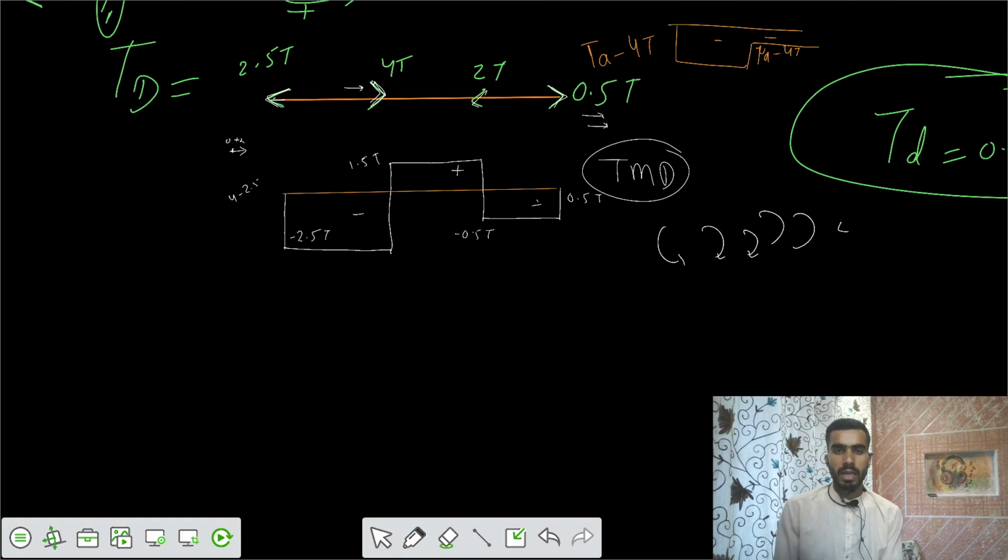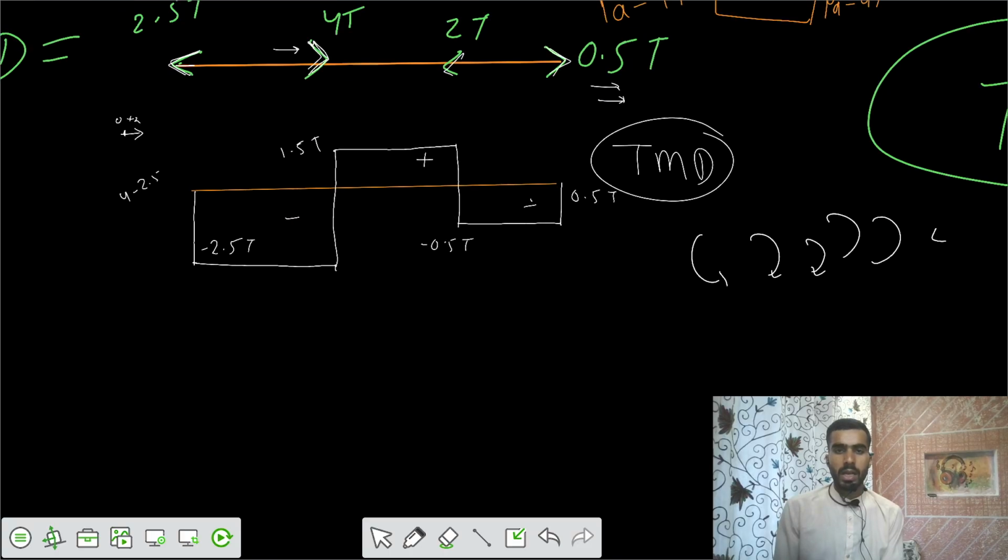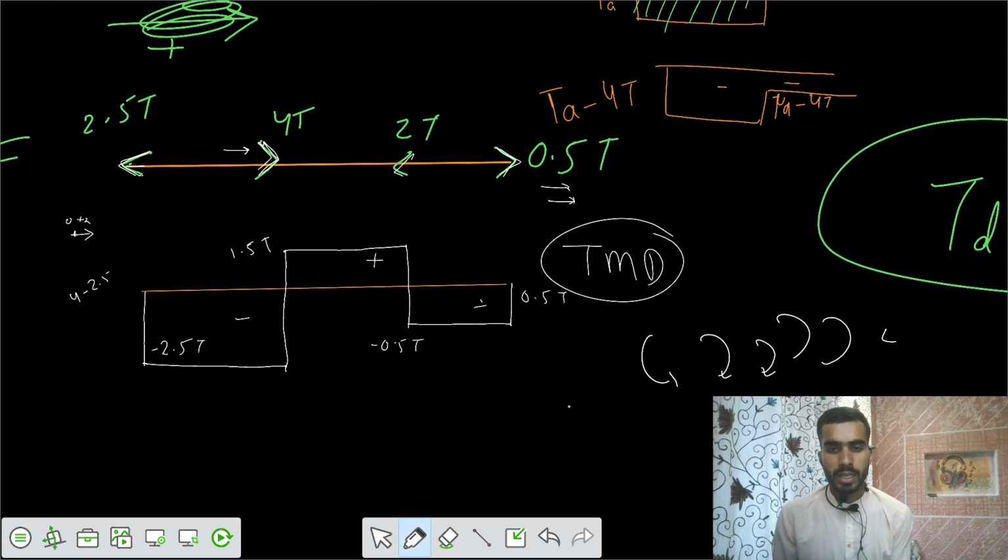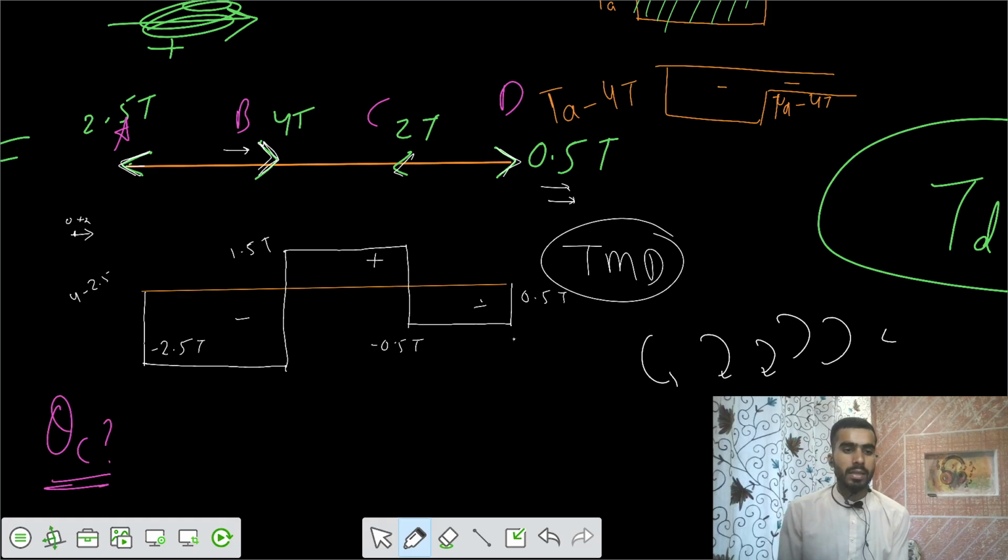Now if you want to talk about that particular theta, I had named them as A, B, C, D. If you want to say what is the theta developed at C, because the ends are supports, and supports are fixed, so there should be some theta in the individual members such that the net final value would be 0.